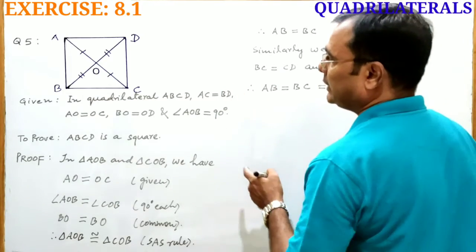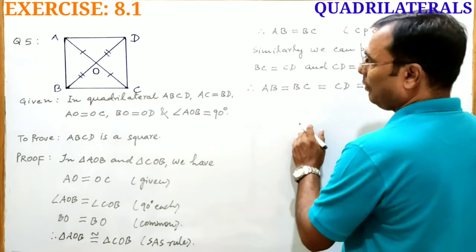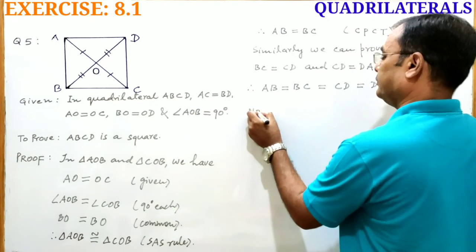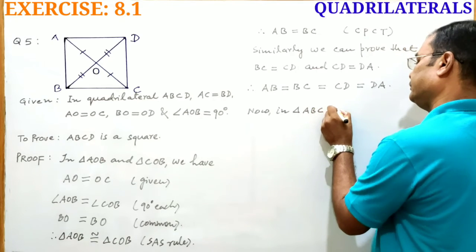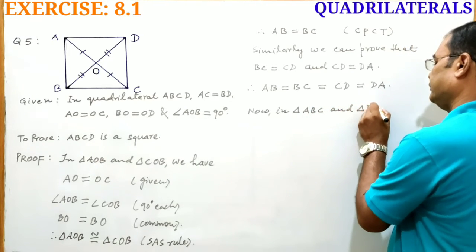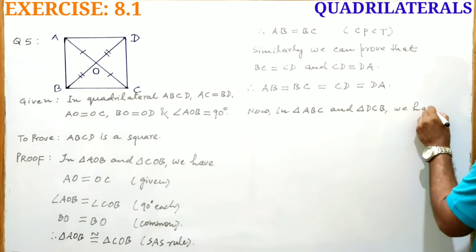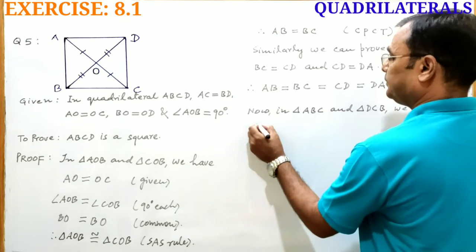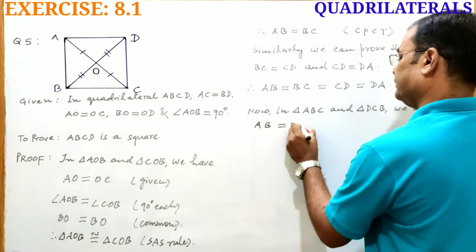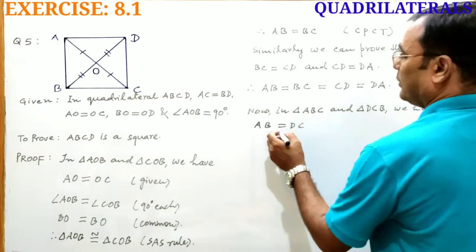Now in triangles ABC and DCB, we have AB equal to DC, we have proved it.